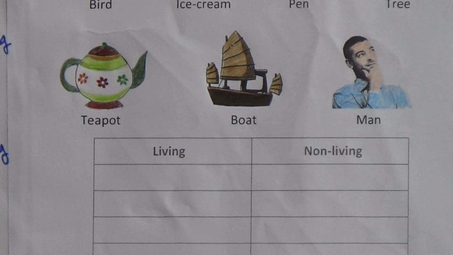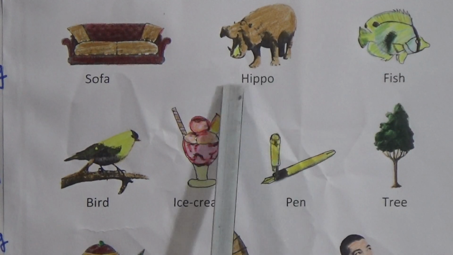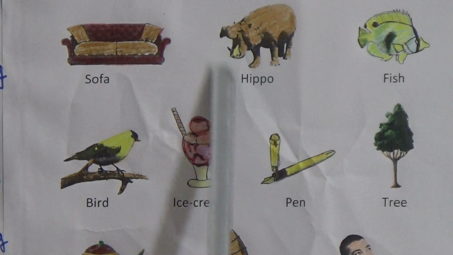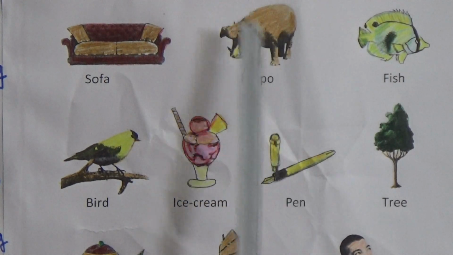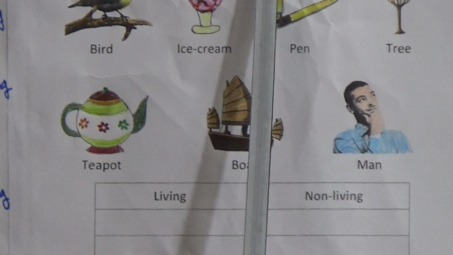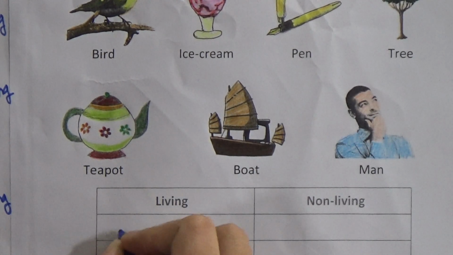From here, the first picture is a hippo. Hippo is one kind of animal. So we will write here hippo. Our first living thing is hippo.